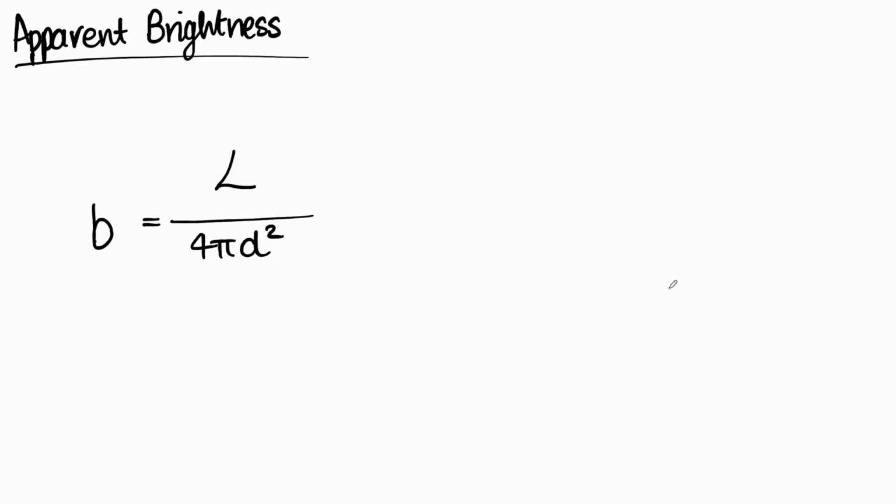Then linking to luminosity, we have apparent brightness. That is the luminosity divided by 4 pi d squared. If we imagine the sun again and it emitting EM radiation in all directions like that, we can assume it to be a perfect sphere of light like this.